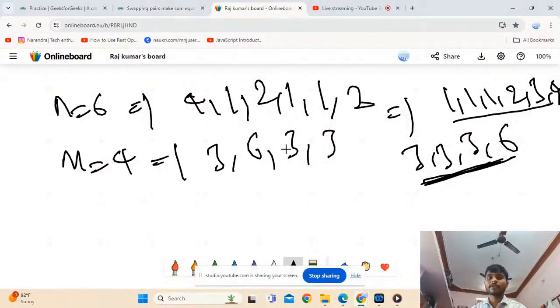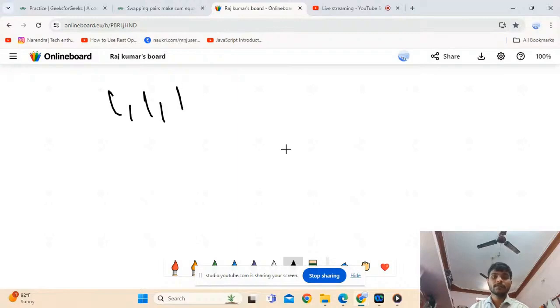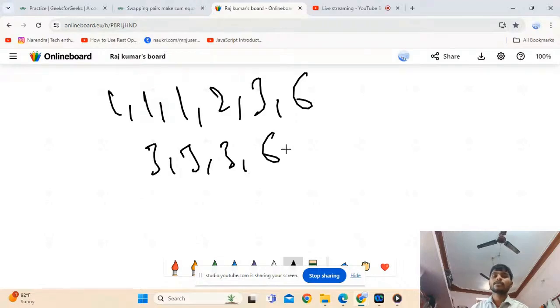See, after sorting we got this array, right? 1 1 1 2 3 6, and 3 3 3 6. So I am taking one element from this. This sum is 13, right? This sum is 15, so 13, right?